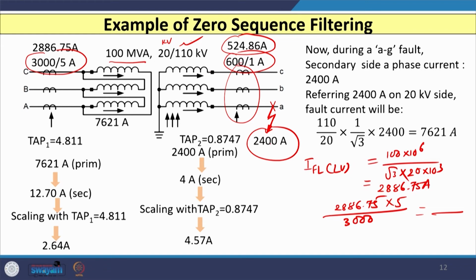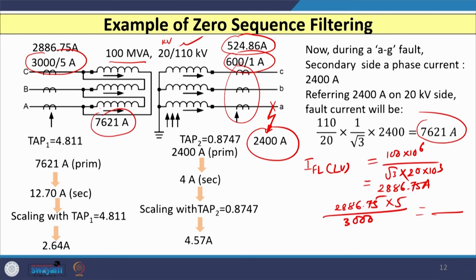If I reflect this fault current on the LV side, which is delta connected, the current will be 2400 multiplied by the turns ratio, 110 by 20, divided by root 3, because when we move to the delta side we have to divide by root 3. So, the current available is 7621 ampere on this side, and 2400 ampere on this side.